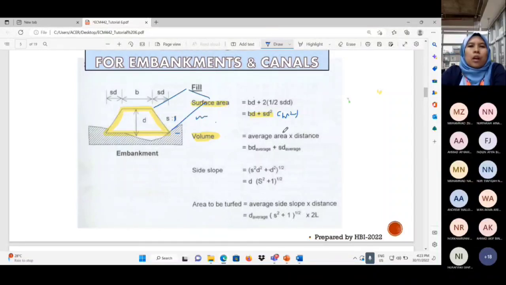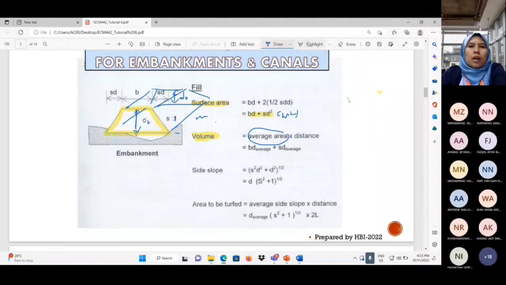So meters, so distance. So average height, whatever it is, you have to find the average. Why average? Because sometimes the depth is different, from point to point. So maybe in your embankment there are various depths, D1, D2.